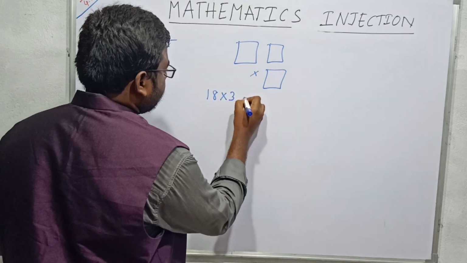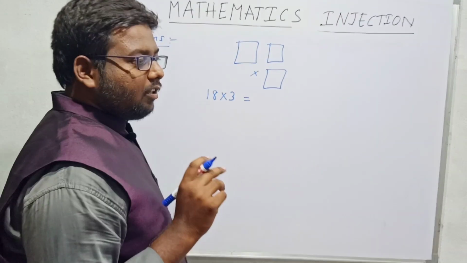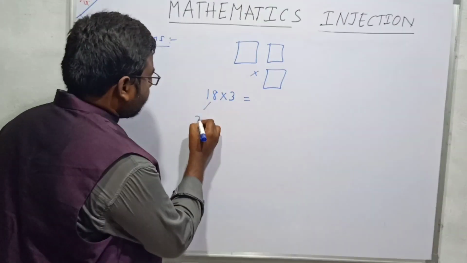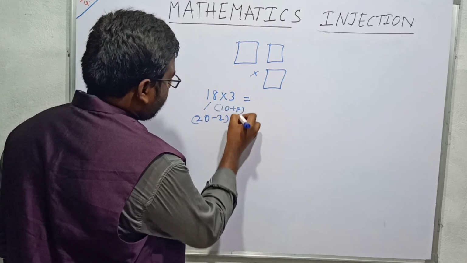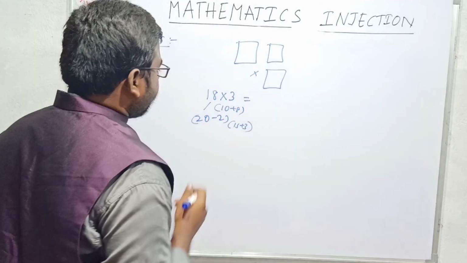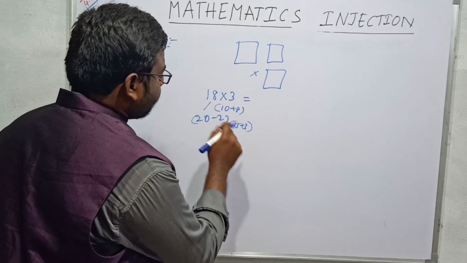For example, 18 into 3. Always remember one thing, splitting always depends on our comfort. For example, I can split this into 20 minus 2 or 10 plus 8 or 15 plus 3. I can write 18 in different ways. If I am comfortable in 15 multiplication, I will write 15 plus 3.